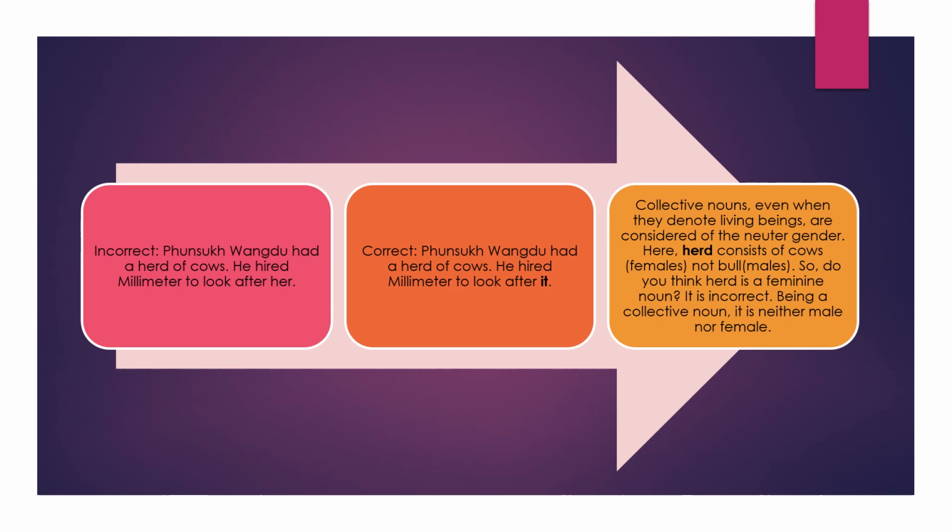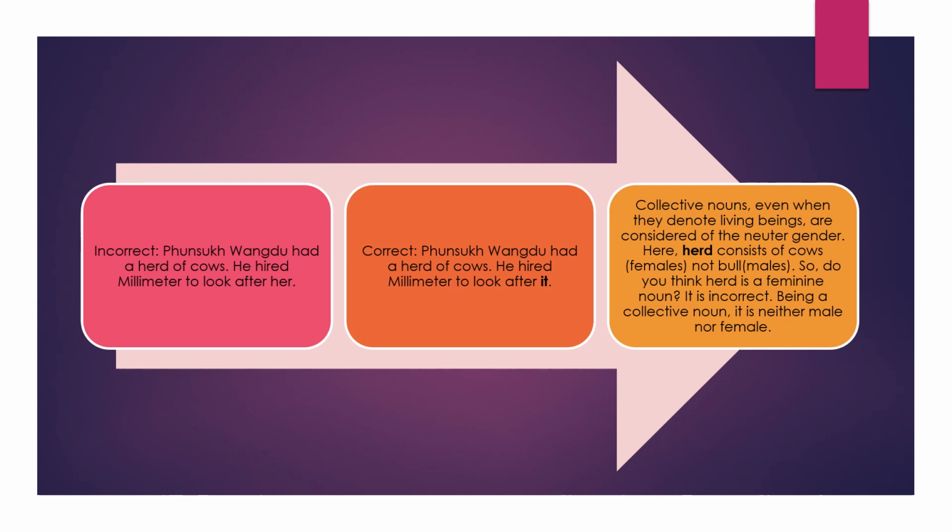Funsuk Wangdu had a herd of cows. He hired Millimeter to look after her. Now this "her" refers to cows here. Whenever you have any collective noun, here it is herd. Though this collective noun is of cows, which are female, whenever you are talking of any collective noun, no matter who the members of that collective noun are, whether it is made of things or people, non-living or living entities, we will always treat that collective noun as neuter gender.